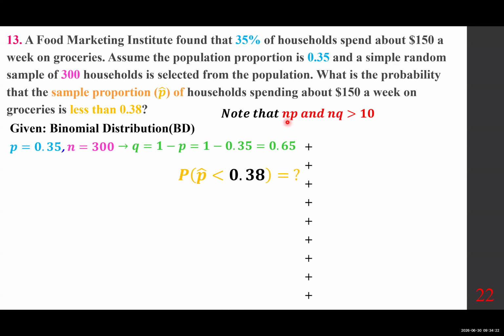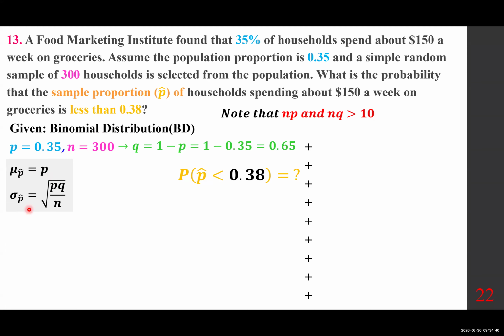And to move on, we should really show NP and NQ is larger than 10. I hope you see NP is clearly larger, 300 times 0.35, 105. NQ is even larger.